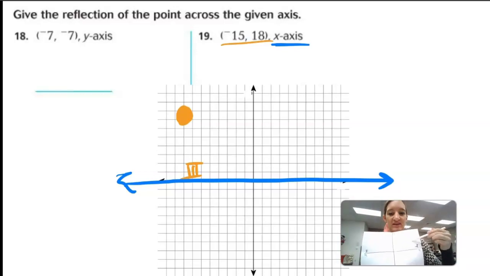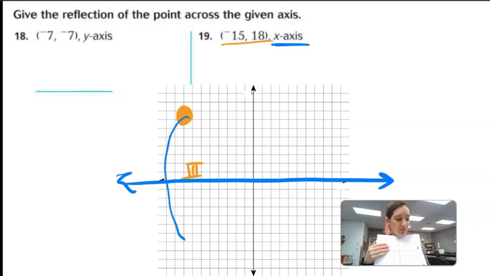If I were to reflect it across the x-axis, this time I'm going down, aren't I? It's going to flip me down into what quadrant? Well, now I'm down here in quadrant 3, the negative quadrant. I'll be flipped, and I will end up right here.